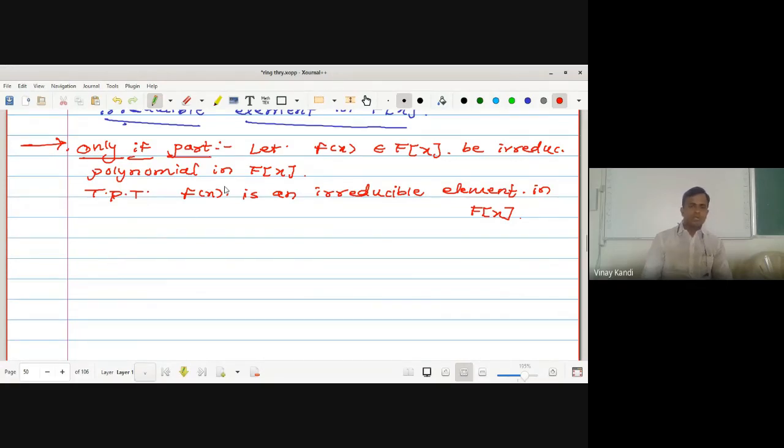Wait a minute. F of x is an irreducible polynomial, and we have to prove that f of x is an irreducible element. Okay. Look at it. Let this small f of x is equal to g of x into h of x, where this g of x and h of x belongs to capital F of x.